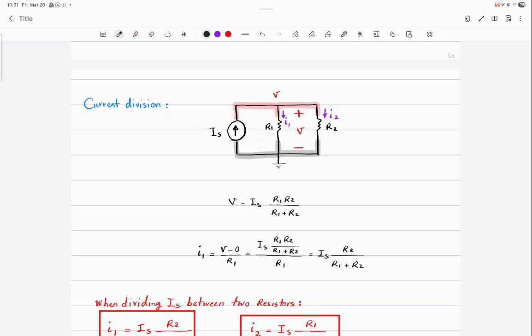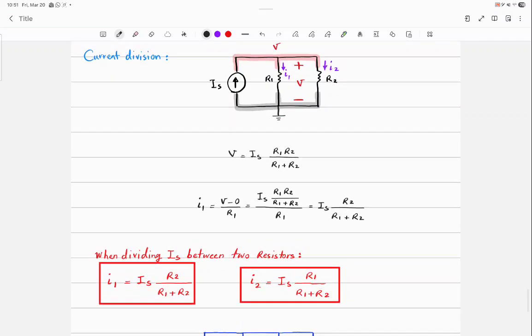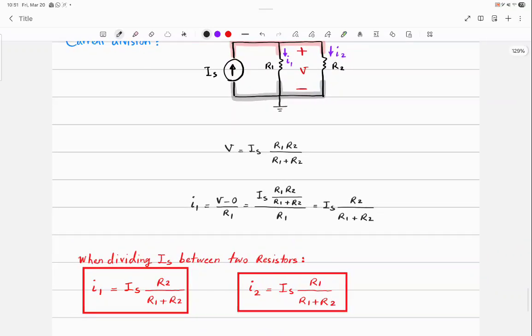Okay? You can do the same for I2. These are highlighted in these two red boxes. I want to take a moment, look at them, and see if they follow a good logic of circuit concepts.